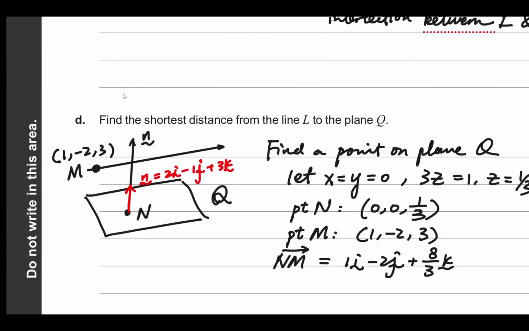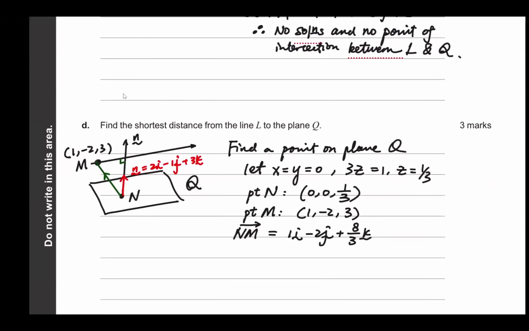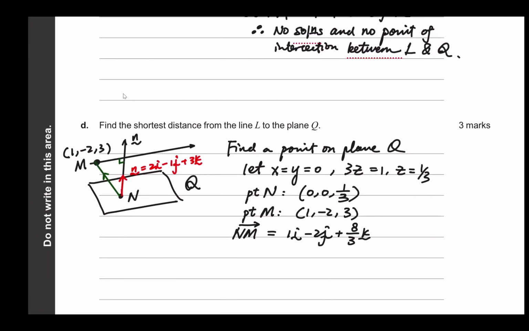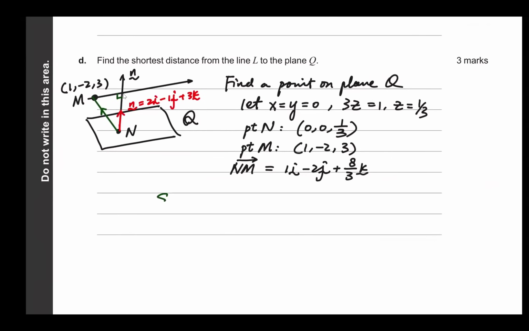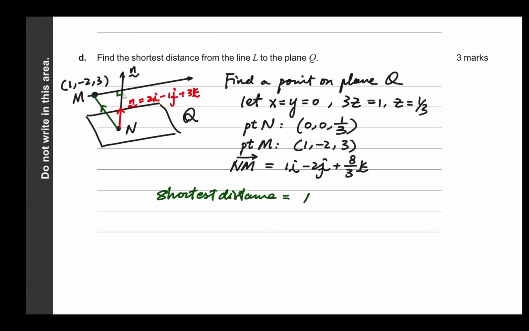So eventually I'm just doing a scalar resolute to find the shortest distance between the line L and the Q, okay? Don't forget to put a magnitude or absolute value there, okay?